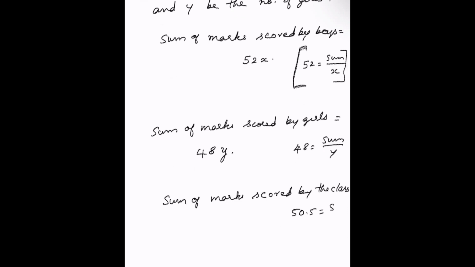So 50.5 is equal to sum divided by x plus y. Remember that. What is the total strength of the class? Number of boys plus number of girls. So you will be dividing the sum of the marks by number of boys plus number of girls. So here, this is going to be 50.5 into x plus y. I hope you understood this.